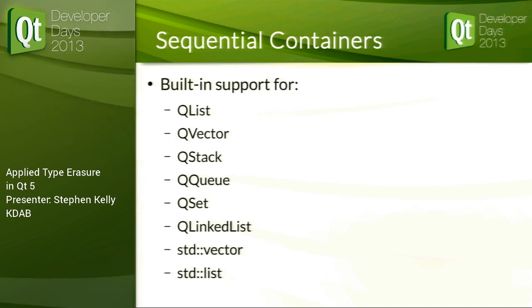As long as the template type can also be put into a QVariant. So that includes all built-in types like integers and things like QString, QDate, but also any QObject subclass. If you have a pointer to any QObject subclass, since Qt 5.0, you're able to put that into a QVariant straight away.